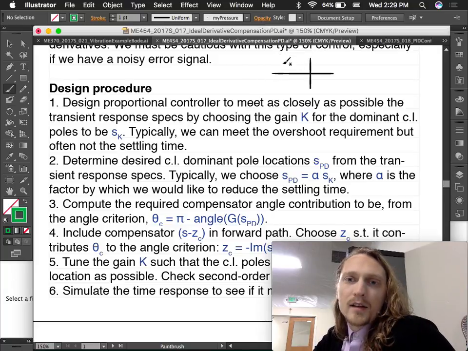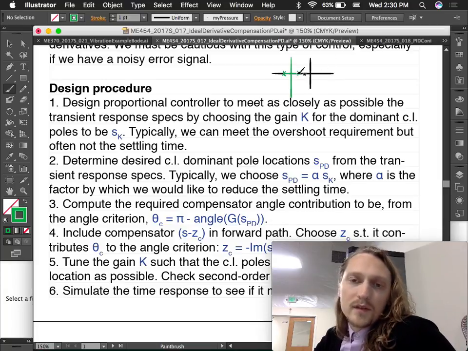Say you had a root locus that looked like this. So say you had poles, and you had locus in between, and then they go off up and down. Say that was your system.